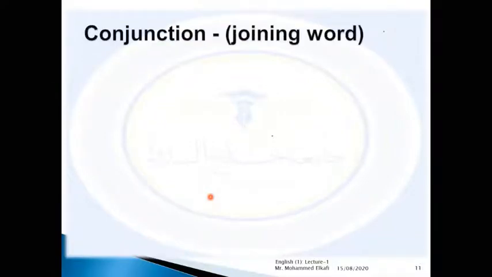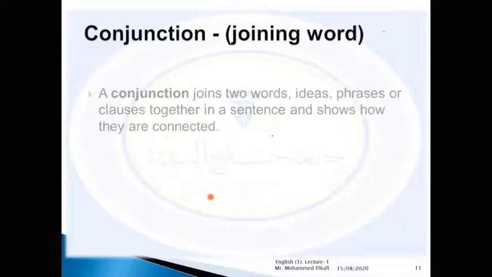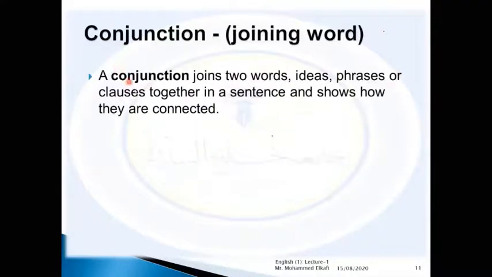Conjunction. Think of conjunctions as joining words or linking words. A conjunction joins or connects or links two words or ideas, phrases or clauses together in a sentence and shows how they are connected.